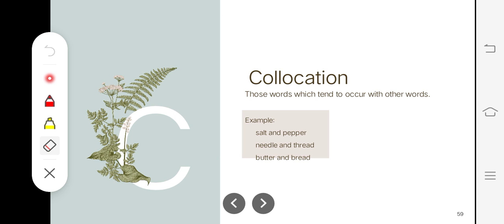Or like these examples here, butter and bread, needle and thread, salt and pepper, or enough, as in enough already.